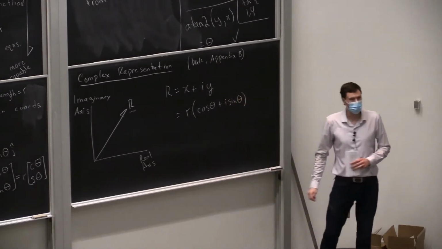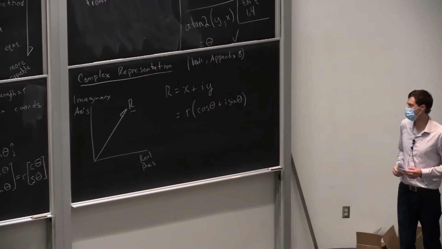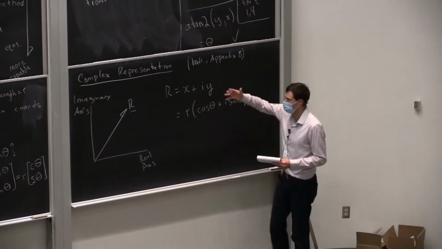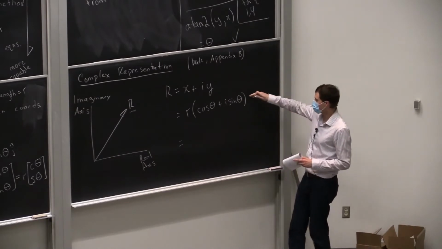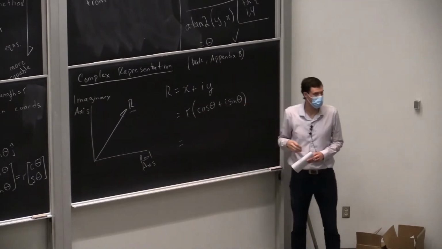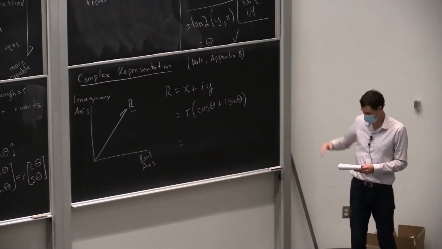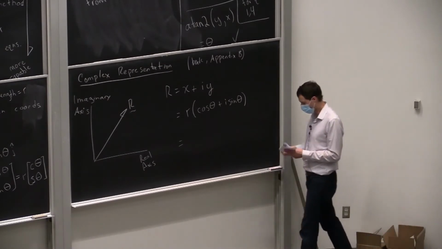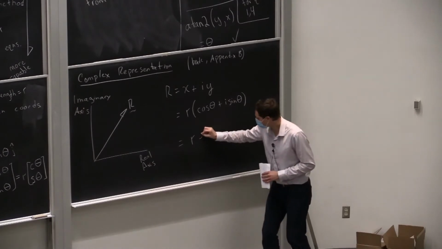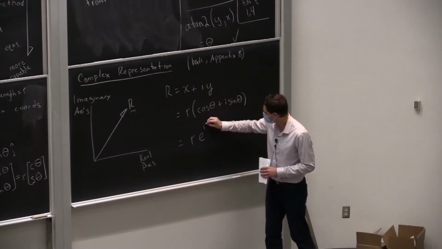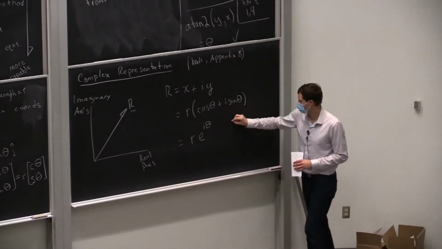It's just a way of keeping track of things, but it also has this cool property. Imaginary numbers, you'll recall, let you rewrite sines and cosines, if you lay things out like this, using something called Euler's formula. You can rewrite this as r e to the i theta.